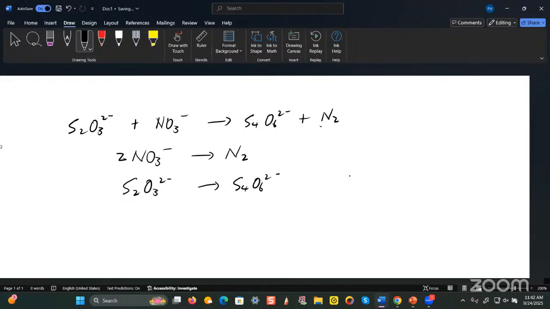For that, it just needs to be multiplied by a coefficient of 2 as well. Multiply by 2 the entire S2O3. Okay, very good. Right. So we balance all atoms excepting oxygen and hydrogen in the way that we have just done, in the case of nitrogen and in the case of sulfur for the second half equation.